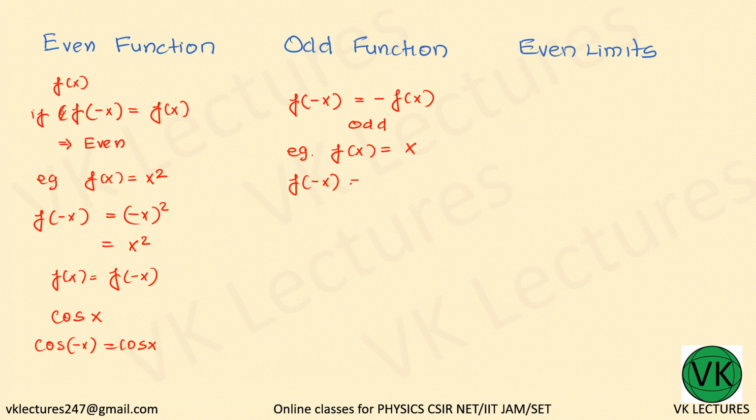That's equal to minus x. That is nothing but minus, what is x? x is nothing but f of x. So f of minus x equal to minus f of x. Another example is sin x. Sin of minus x equal to minus sin x.